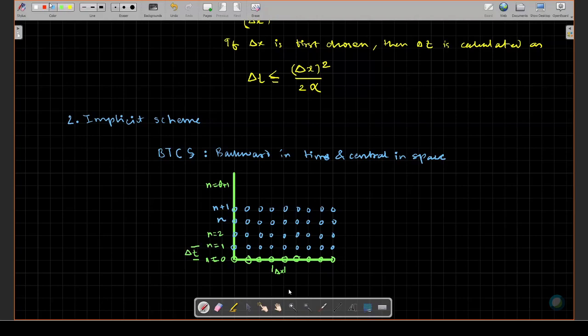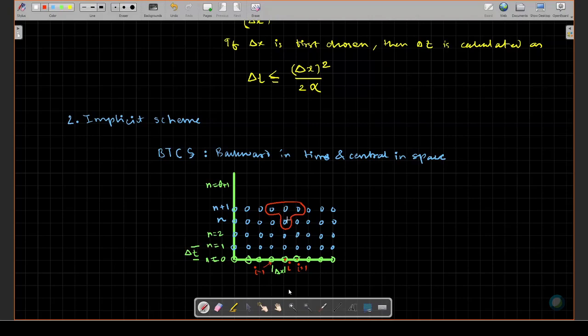Now you see what happens in this implicit scheme. Suppose this is I, and the next point is I plus 1, and this is I minus 1. To calculate the ith value, this particular stencil is used.